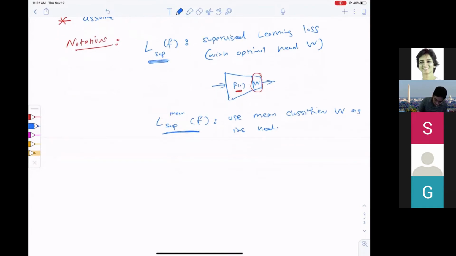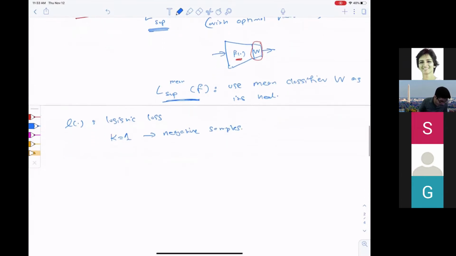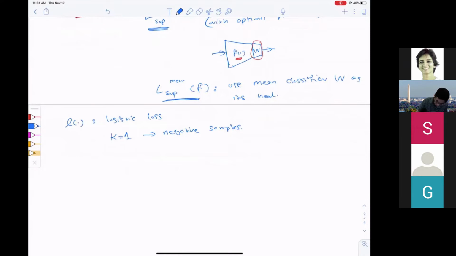And for the classification, we are going to use a logistic loss with one negative sample. You often actually have more than one negative sample, but that's the starting point. K is the number of negative samples per image.